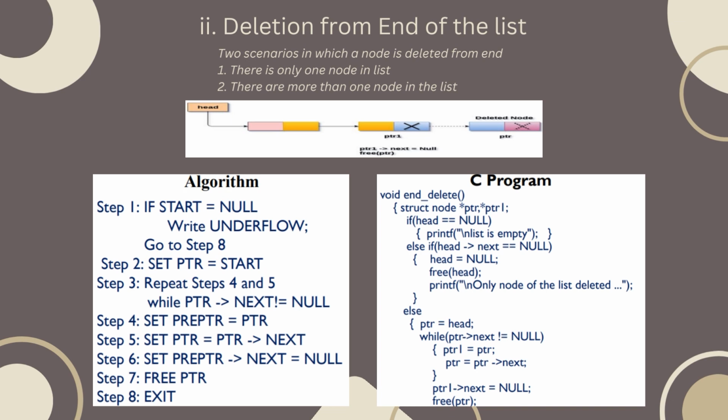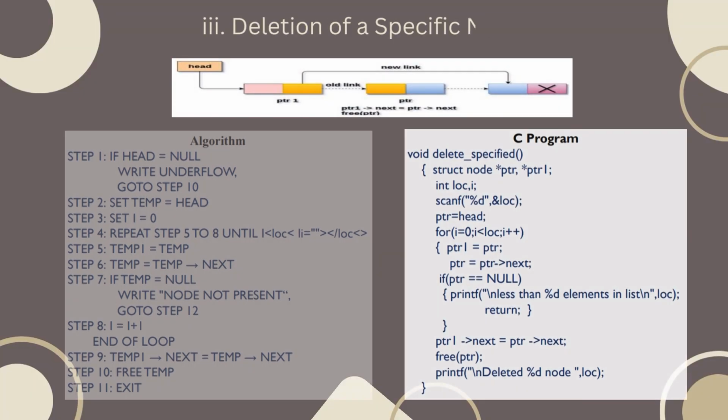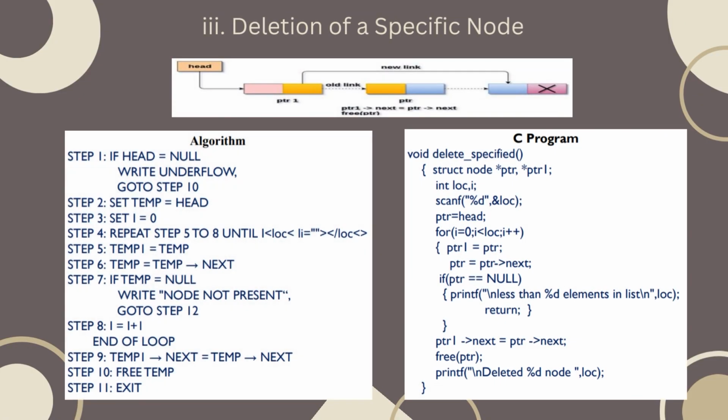Step 4, set previous of PTR equal to PTR. Step 5, set PTR equal to PTR next. Step 6, set pre PTR of next equal to null, and step 7, free PTR. Step 8, exit.